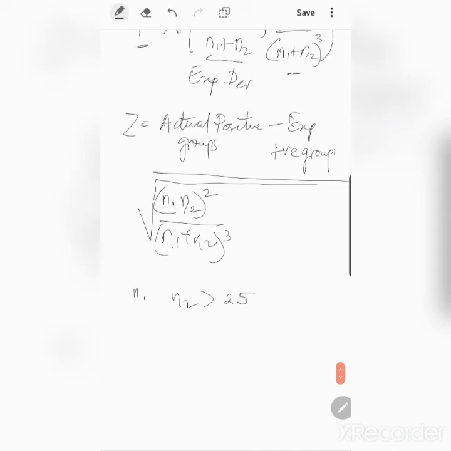Let's say you're trying to cover 50 age groups and 30 of them are showing positives and 20 are showing negatives. Then if such data is there across a large set of age groups, it is advised to take the normal approximation method.